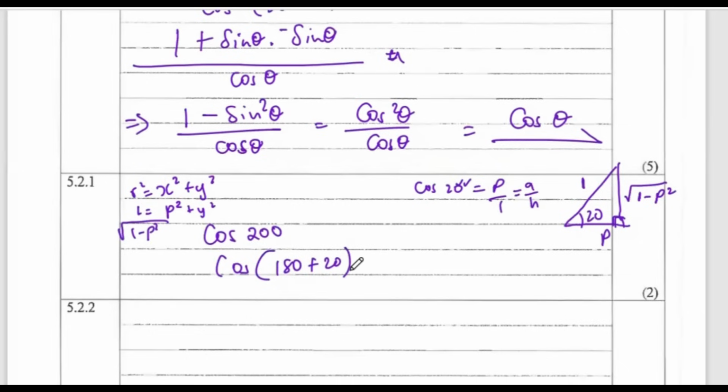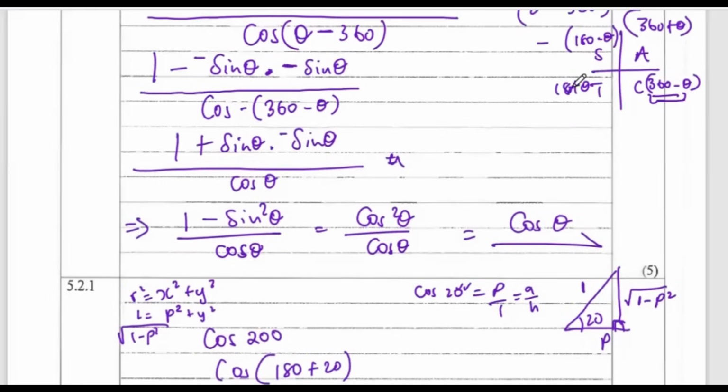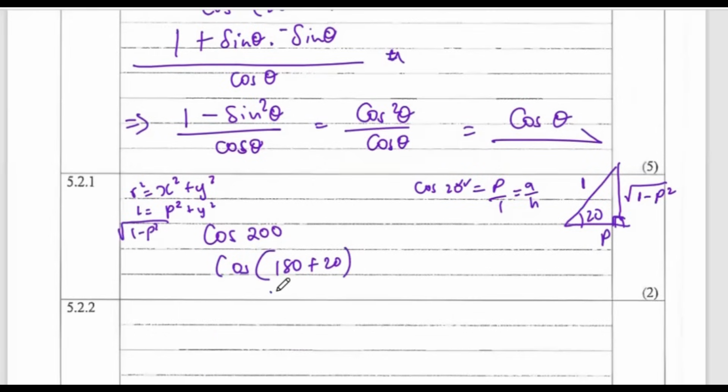That gives me 200, so I must get the same result, but represented in a format that I can reduce. So 180 plus is quadrant number 3, and in quadrant number 3, cos is negative. So this is going to reduce to a negative cos of 20. The question told me cos of 20 is p. What about the negative cos of 20? That's going to be a negative p.